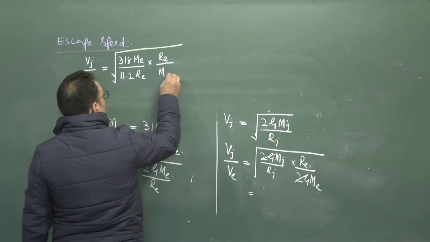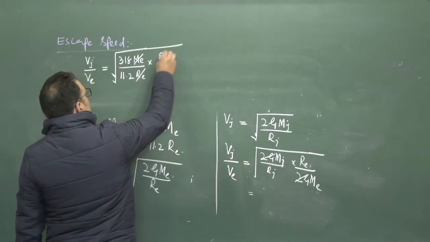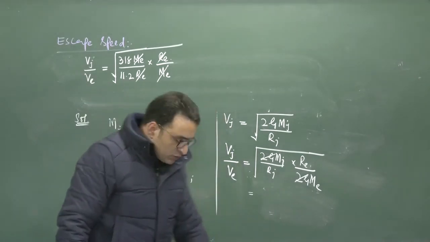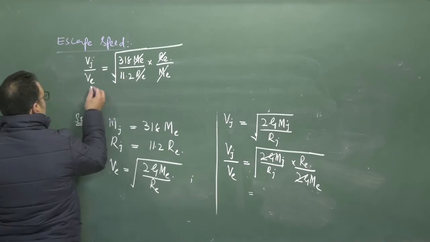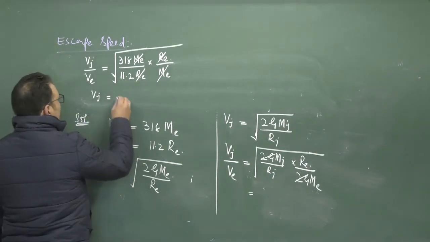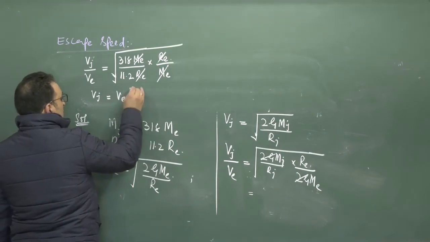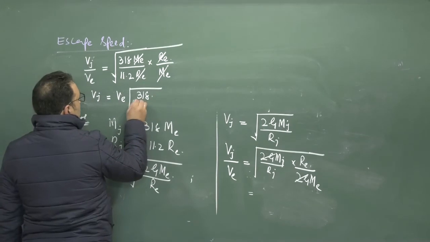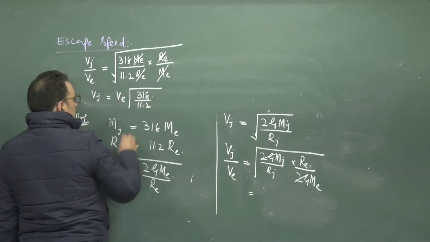Me cancels with Me, Re cancels with Re. Therefore, you are left with Vj equals Ve times under root of 318 by 11.2.